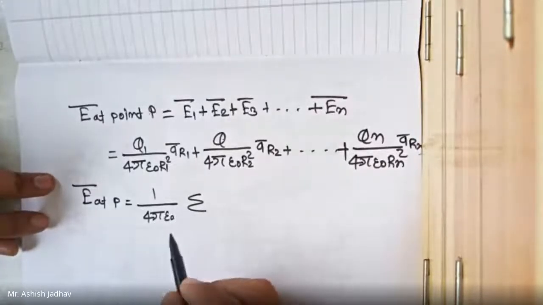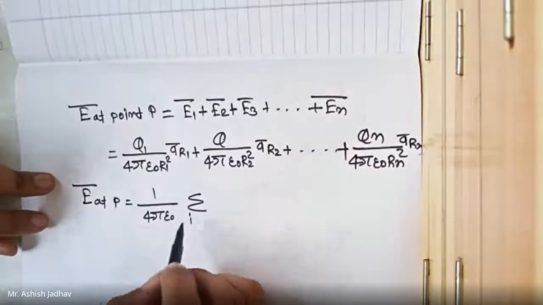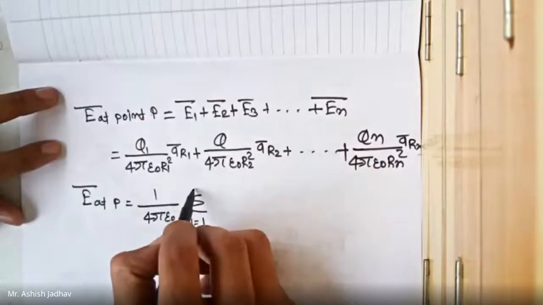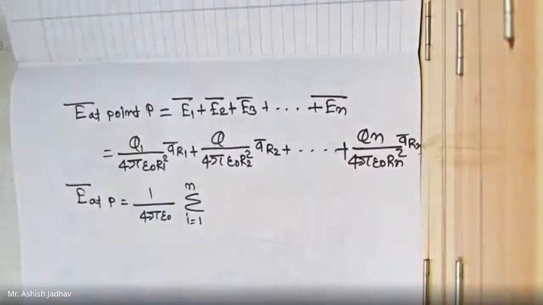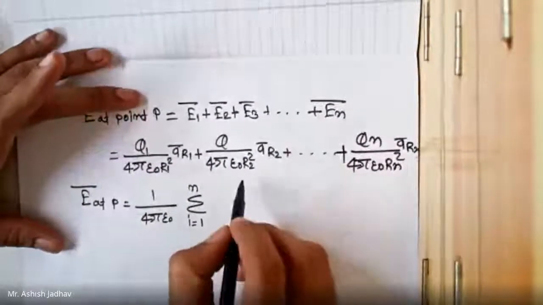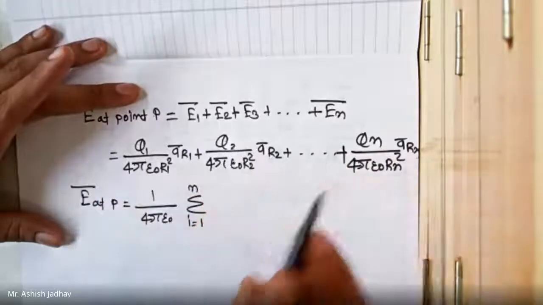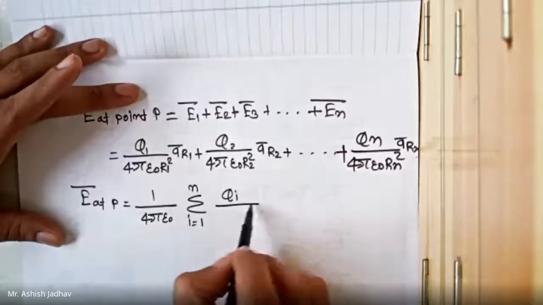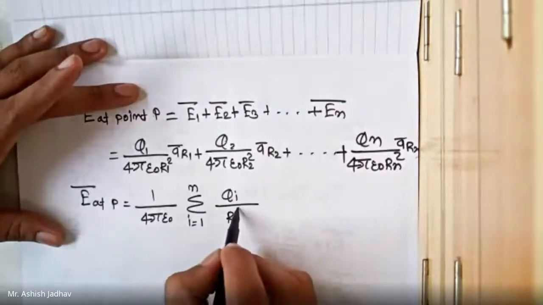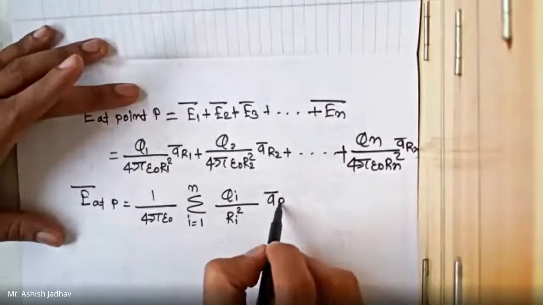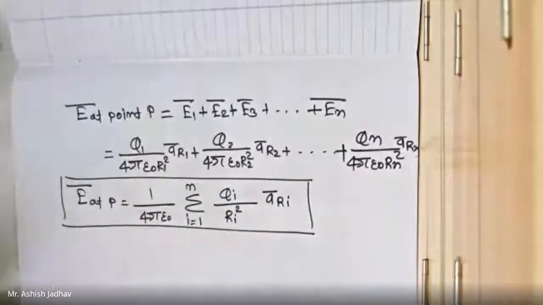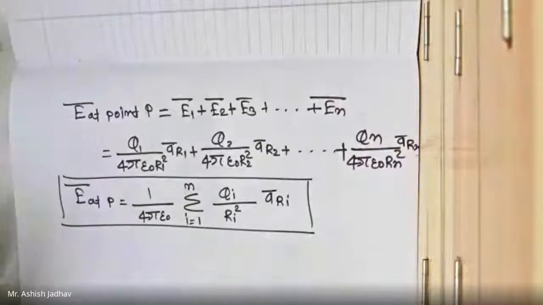Let me give a variable: i equals 1 to n, for Q1, Q2, and so on up to Qn. So I can replace this by Qi divided by Ri square a bar Ri. This is the formula for obtaining electric field intensity at a particular point because of multiple charges.